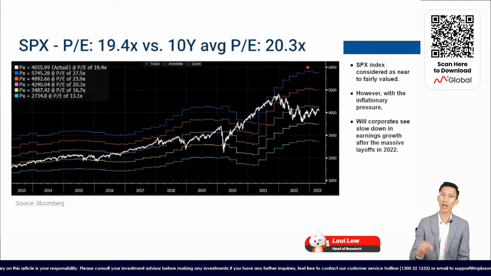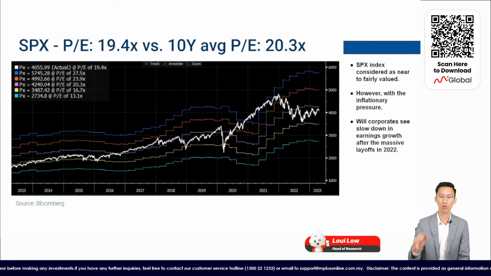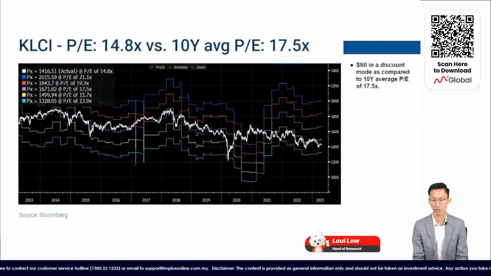Another worry is that a pullback in earnings may also affect the PE going forward. Perhaps once the earnings season is done, we can do a review: how many actually beat the market, and how many actually grew Q on Q? That is more important.